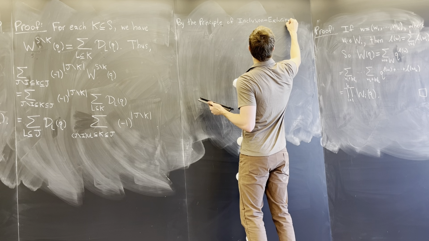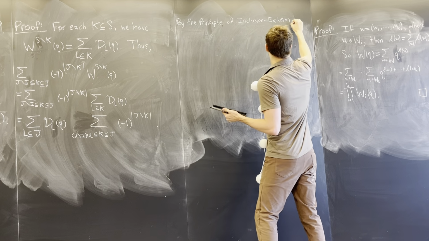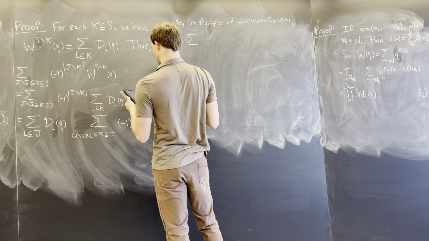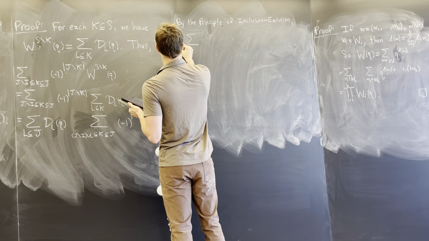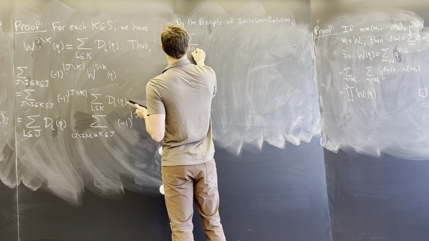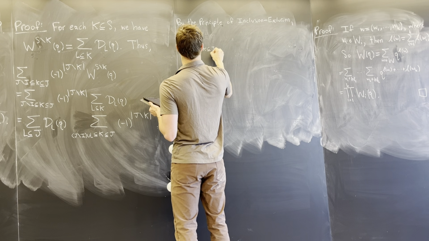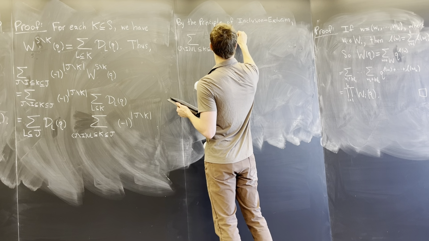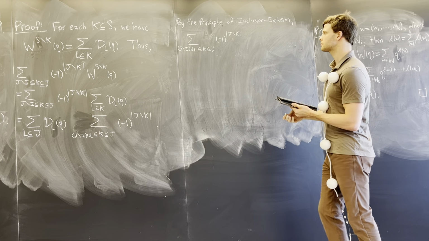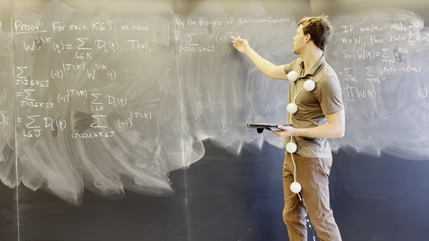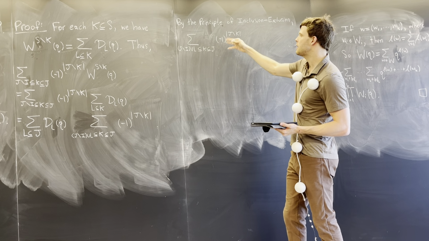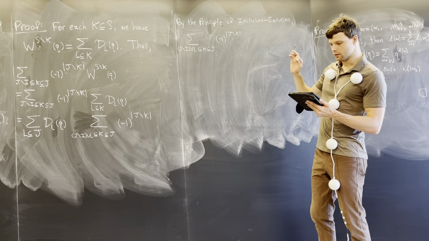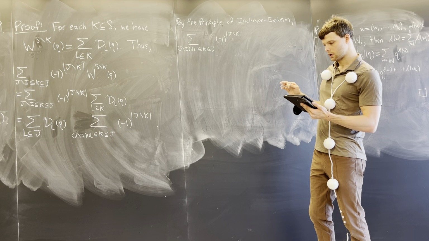Well, the principle of inclusion-exclusion basically says that if we take a sum like this, so we take the sum over this weird condition, J minus I union L contained in K contained in J, of (-1) to the size of J minus K. I should say this is really the same as taking (-1) to the size of K, but maybe minus that depending on the parity of J. But that might be a better way to think about it.